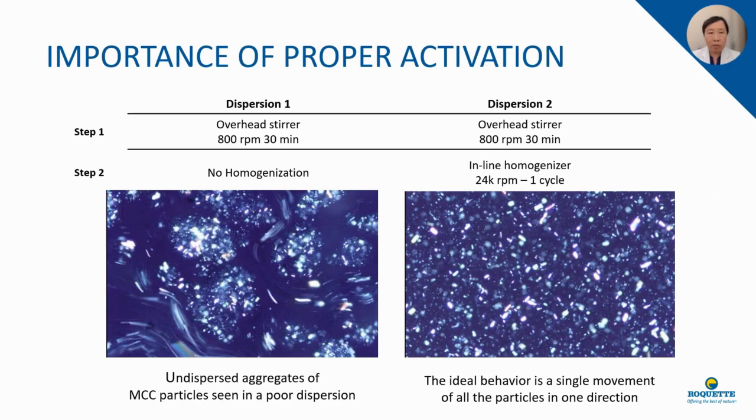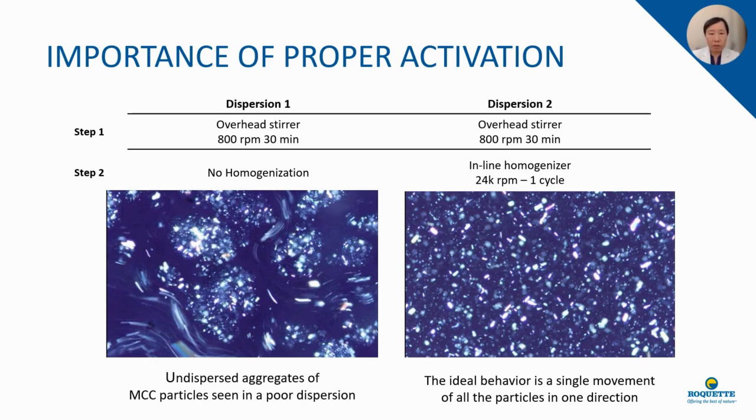This slide demonstrates the importance of activation on the functionality of Colloidal Avicel, which is critical to the suspension performance and stability. Both dispersions were initially mixed at 800 RPM for 30 minutes. Then dispersion 2 was subjected to additional high shear homogenization.